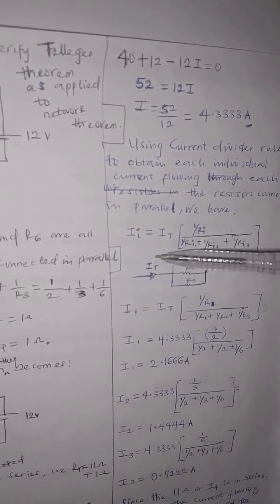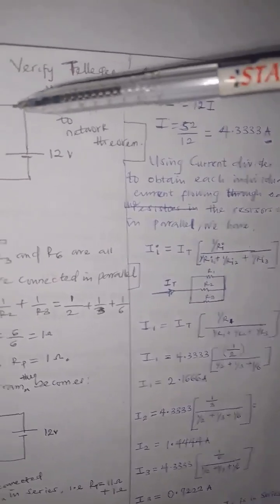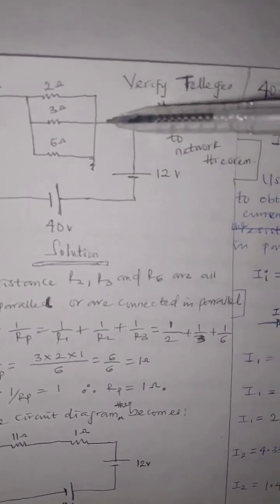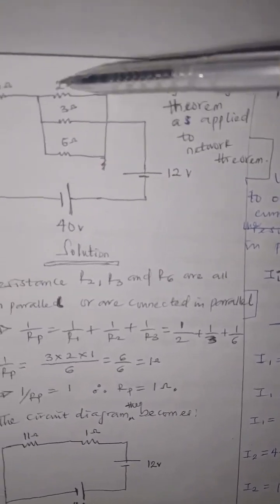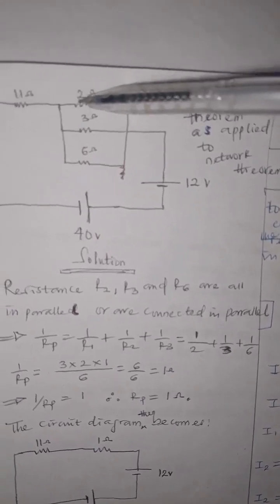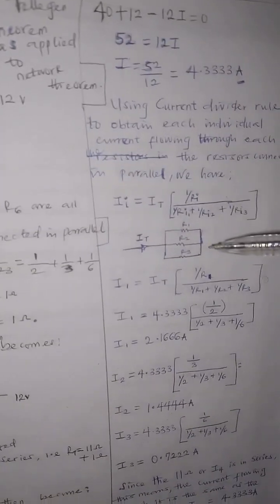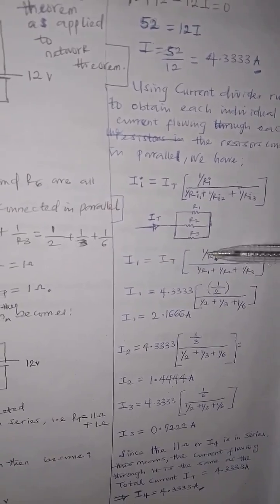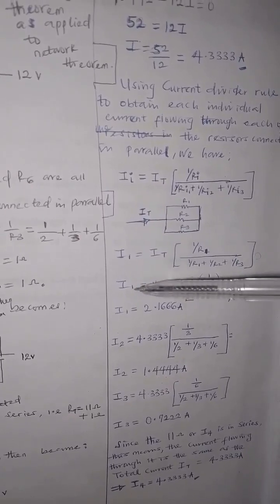So this is a circuit analysis diagram. For the current flowing through this 2 ohm, it will become the total current times 1 over R2 all over 1 over R2 plus 1 over R3 plus 1 over R6. So I1 equals IT times 1 over R2 over 1 over R2 plus 1 over R3 plus 1 over R6.